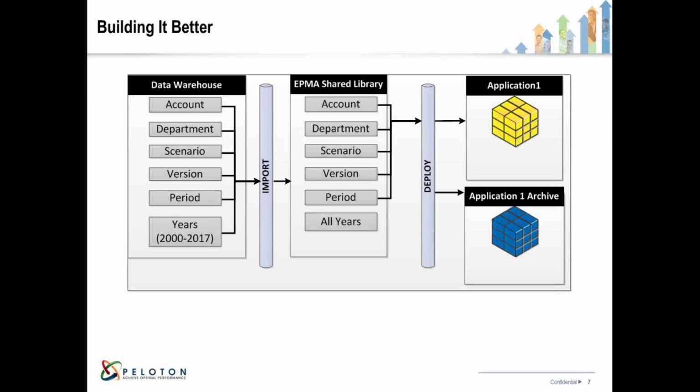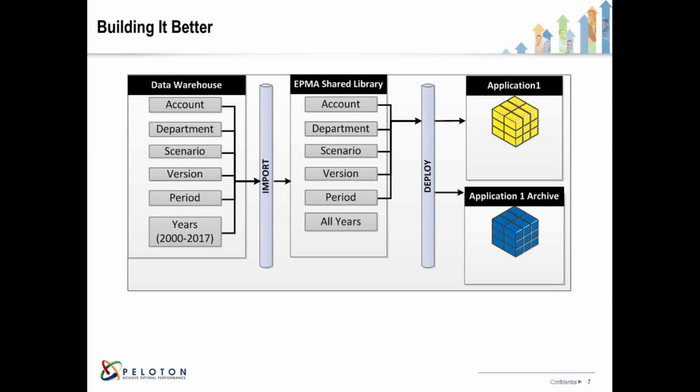For example, our account, department, scenario, version, and period dimensions are the same between our two applications. Those aren't going to change. So we can drag and drop, designate them as shared, and then deploy them to our application. The years dimension is going to be different between the two applications.